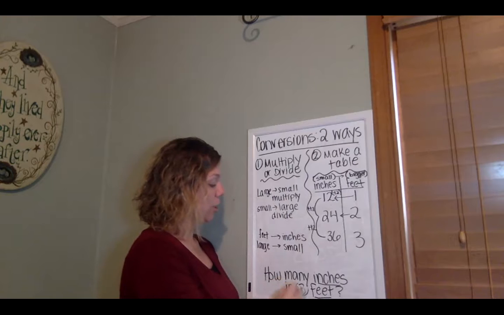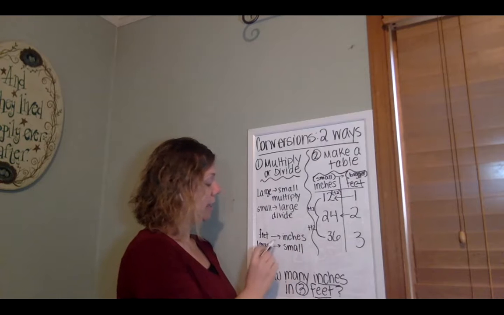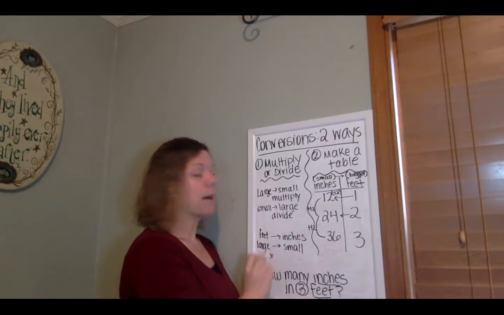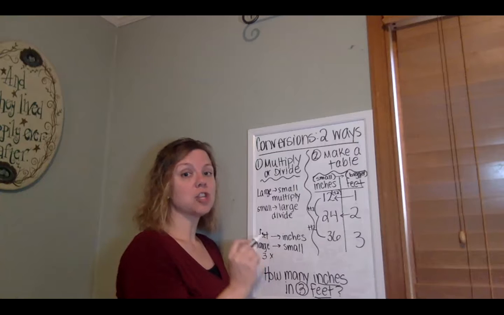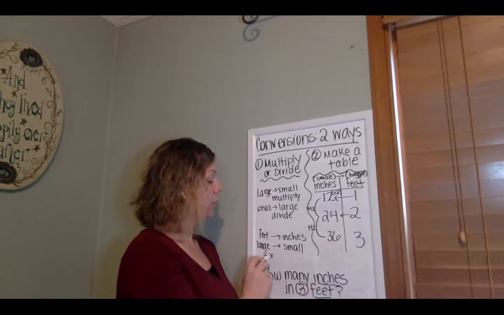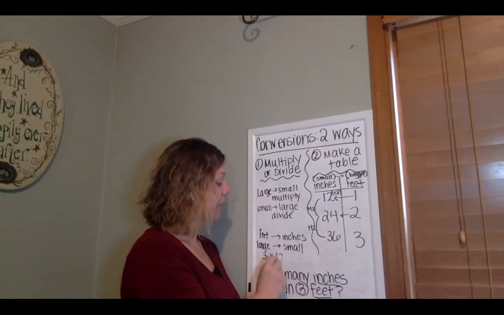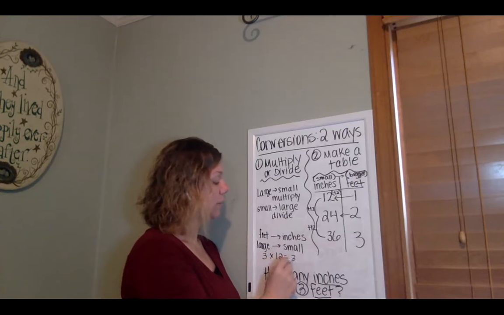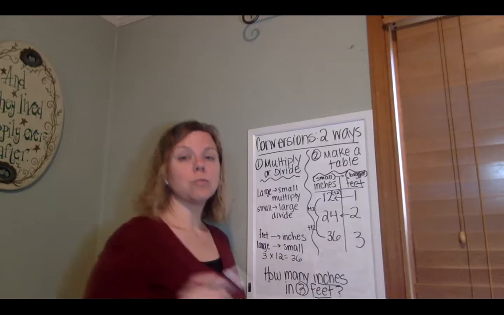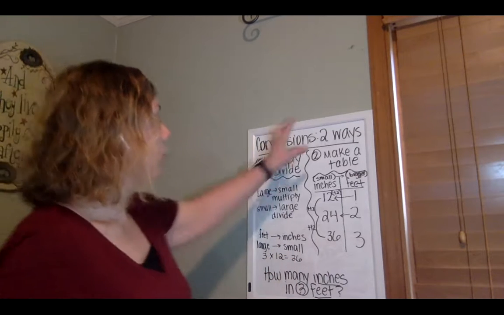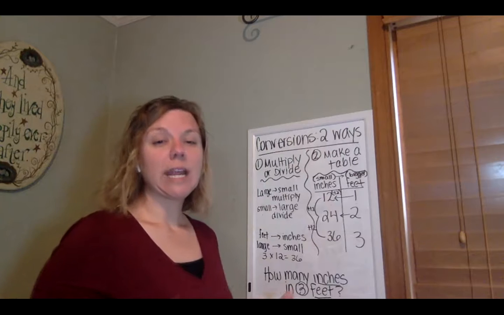So I'm going to take what I know, 3, and multiply it by my conversion. If I know that there's 12 inches in 1 foot, I would do 3 times 12, and that would give me 36.